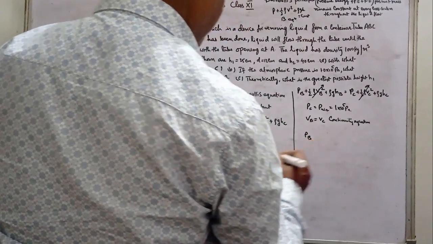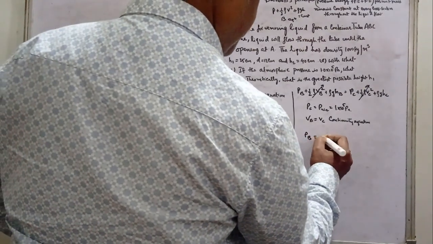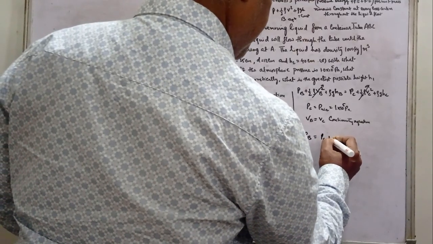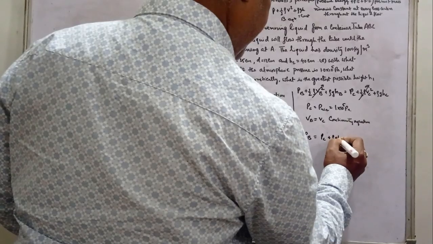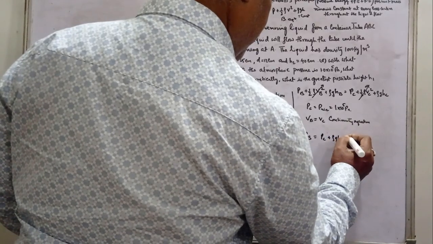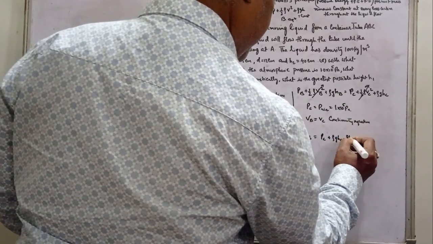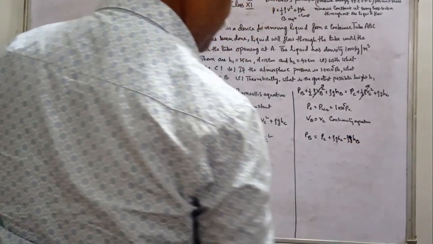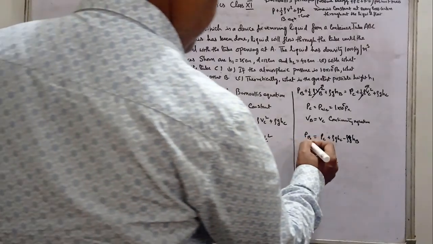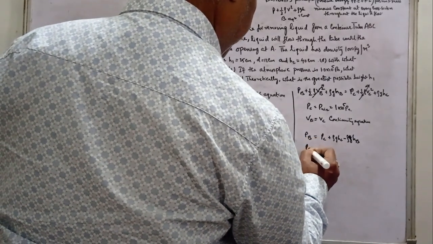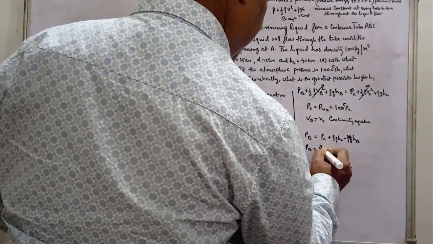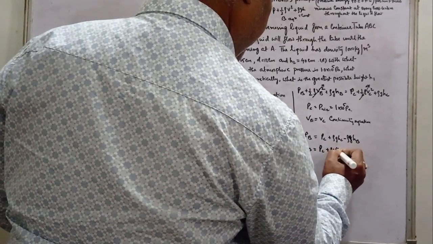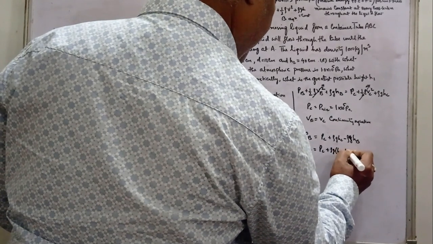You have to find the pressure at B, so this will be PC plus rho GHC minus rho GHB. So PB is equal to PC plus rho G, which is common, times HC minus HB.